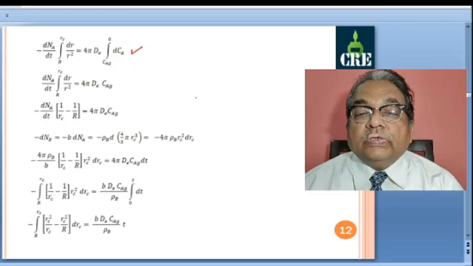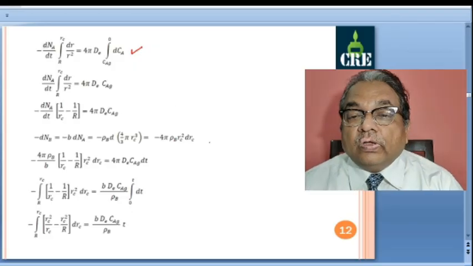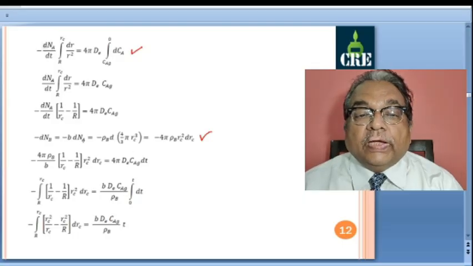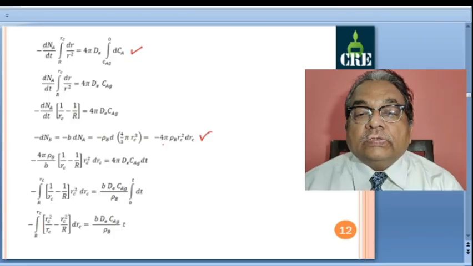This has been explained earlier. So, minus dNA will be equal to minus 4 pi rho B rc square drc by small b, that is the stoichiometric coefficient.